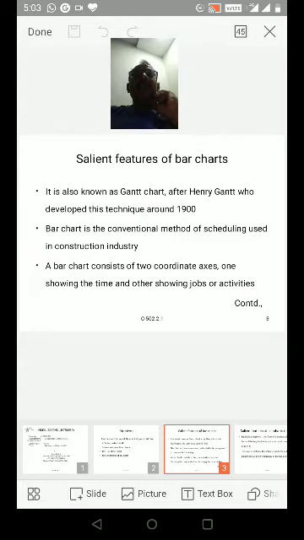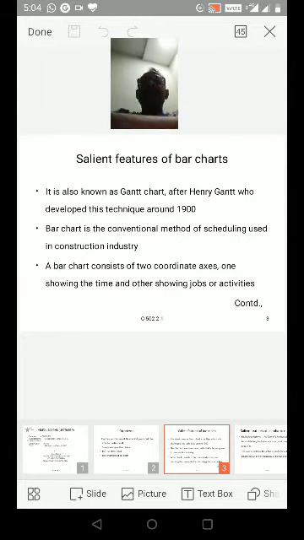It was first developed by Henry Gantt around 1900, and it is used to deal with complex activities.